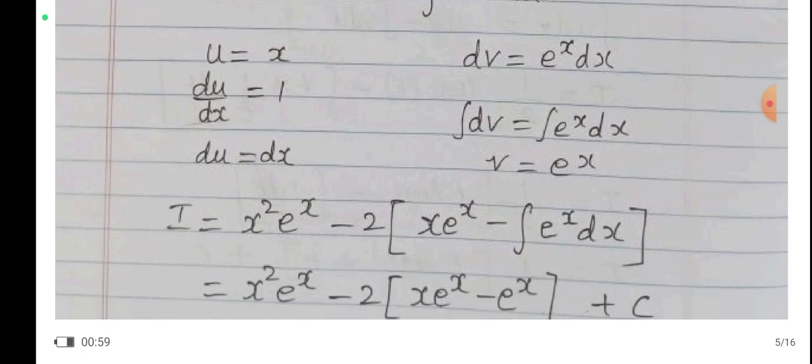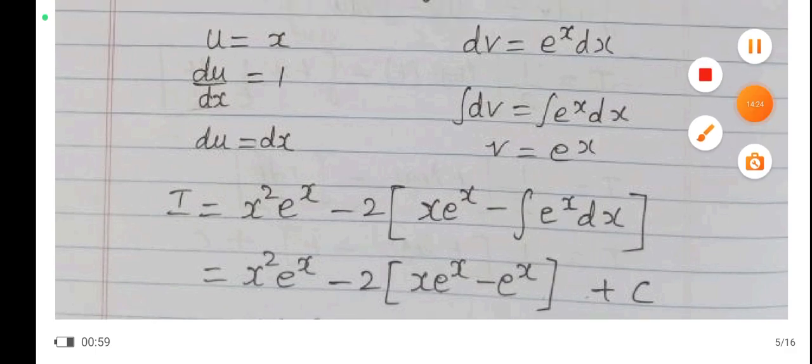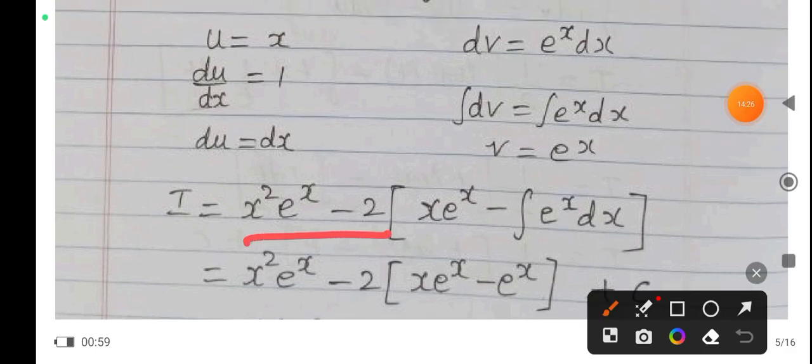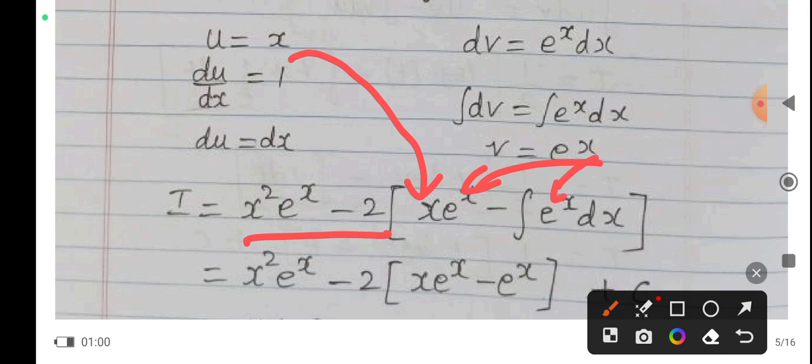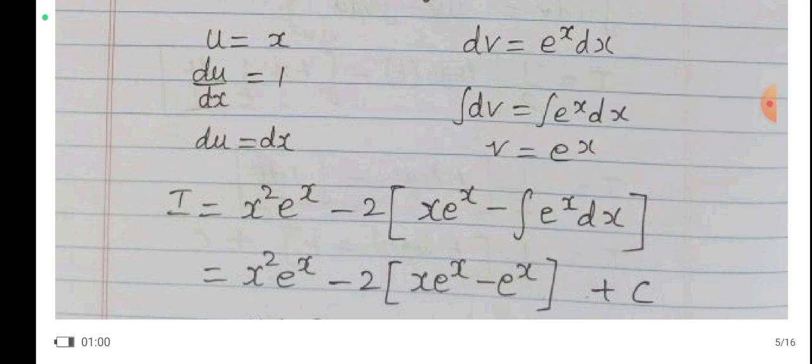Only x e power x we are integrating. Am I correct, children? So u is x, v is e power x, minus integral again v is e power x, du is dx. So e power x dx we get, and the integration of e power x is e power x plus c.